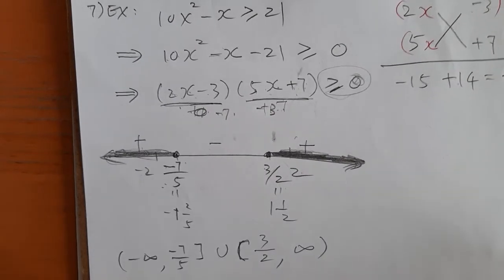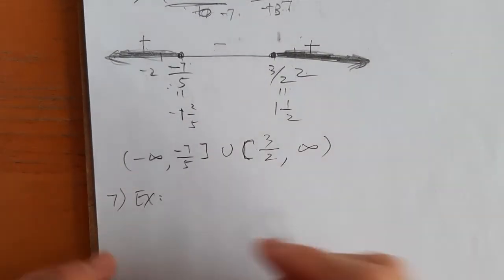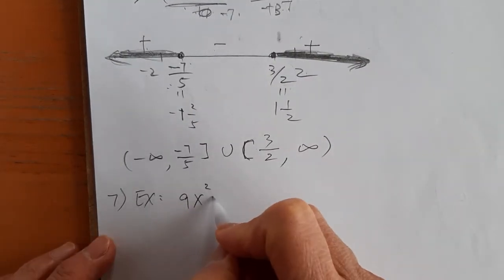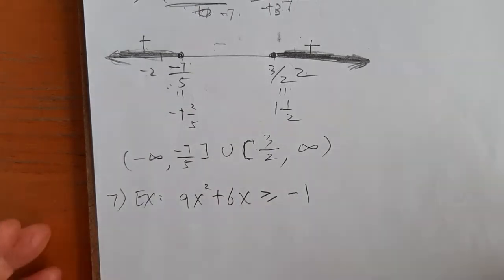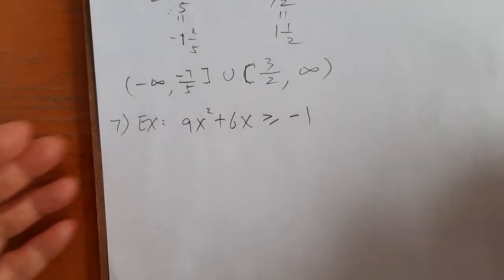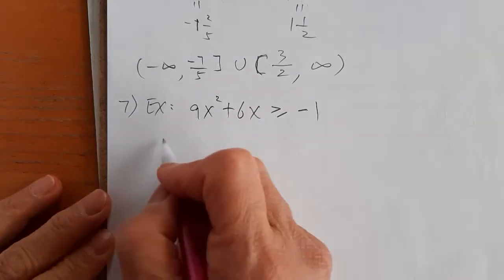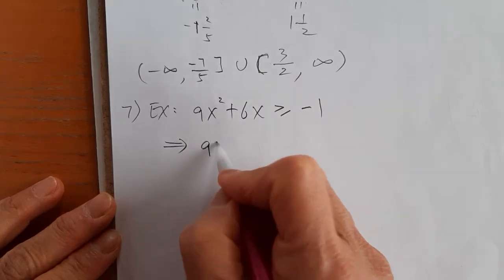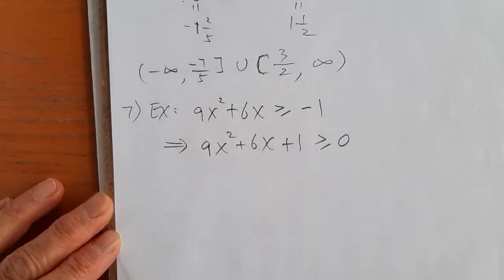Another example, question 7: 9x squared plus 6x greater than or equal to -1. So you also have to add 1 to both sides. So you get 9x squared plus 6x plus 1 greater than or equal to 0.